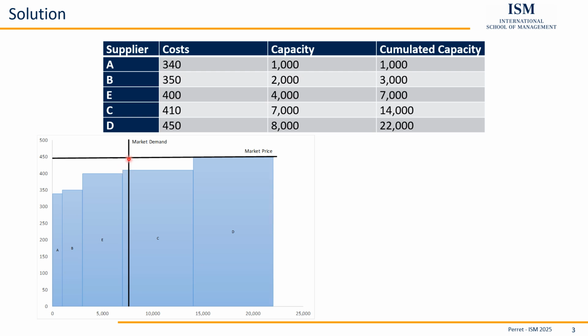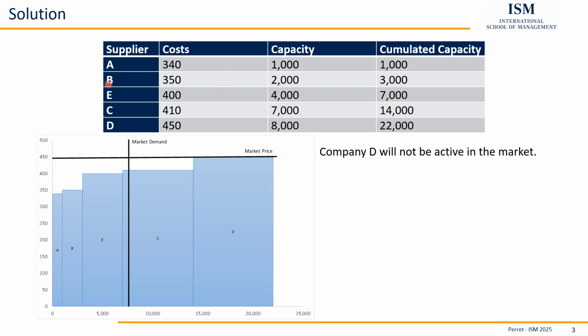Well, so far so good, so we already determined D is not active in the market, but if I want to calculate the profits, it's actually not this much of a problem doing this for A, B, and E. But for C, I first need to know how much he will actually supply to the market. But that's much easier done because we know market demand is at 7,500.